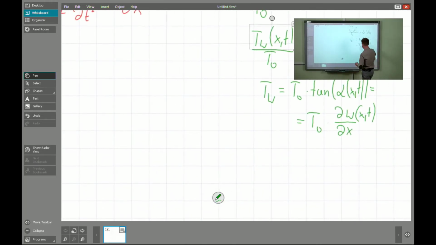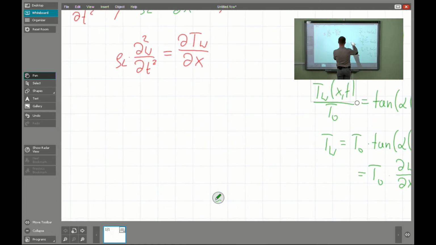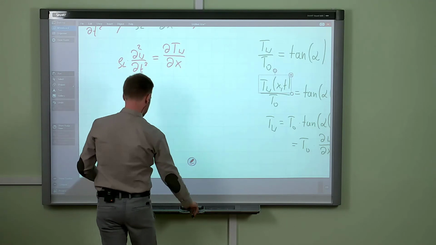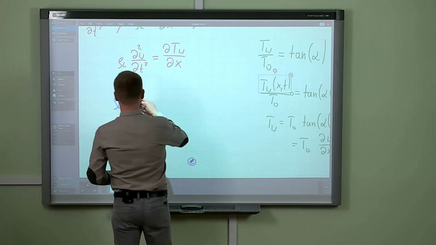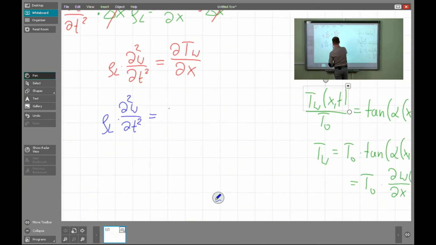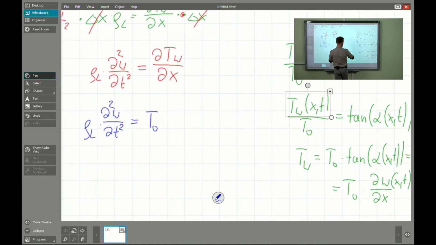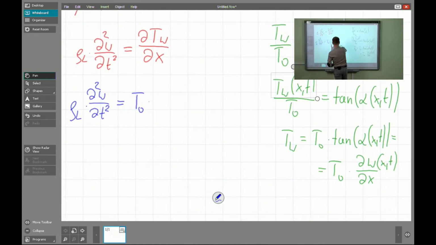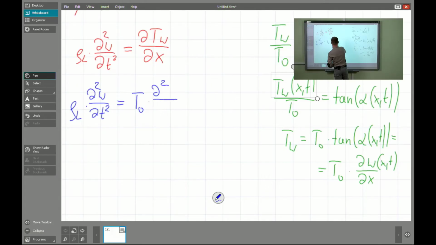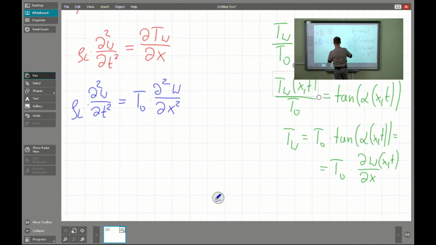If I put everything into my equation, I get the linear density rho L times the second derivative of w with respect to t, equal to T0 times the second derivative of w with respect to x, because we have a first derivative and another derivative here.